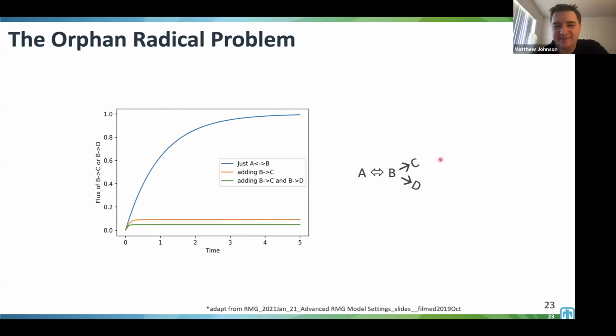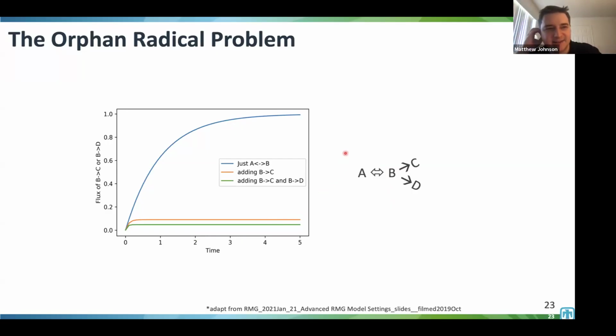Now, if we add B and C into the core, because this flux is so large, suddenly the flux from B to D drops to this orange line, about an order of magnitude drop in flux. And the green line, if we add B to D in, it drops even further down to here.